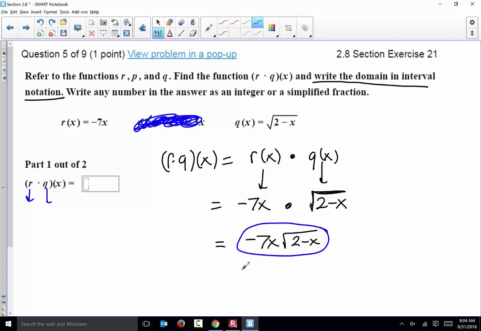Are there bad values? Let's first compare this one, or in other words, this one. Are there any bad values that make minus 7x malfunction or fail? Does any bad value you enter into 7x make it undefined?